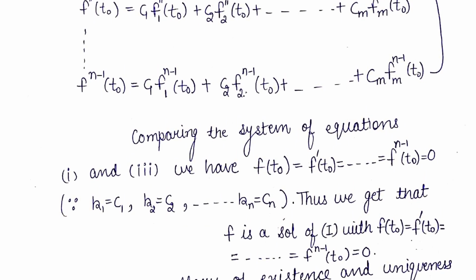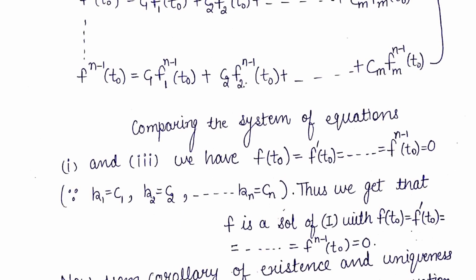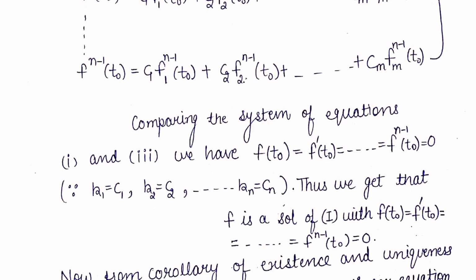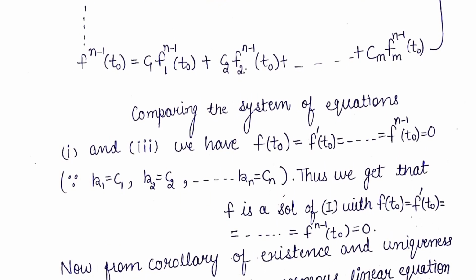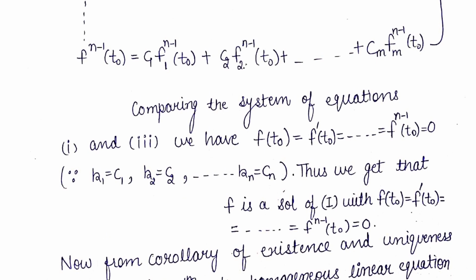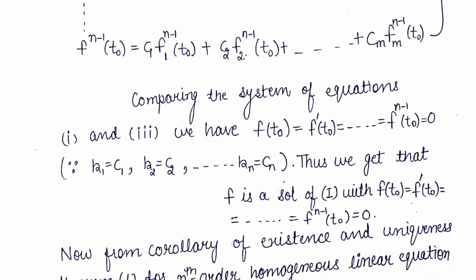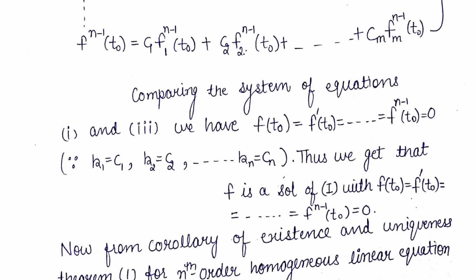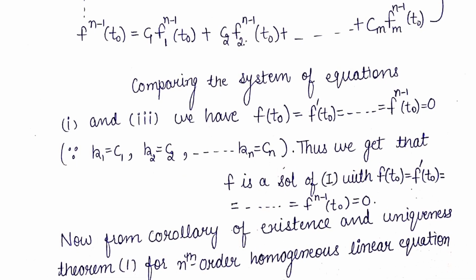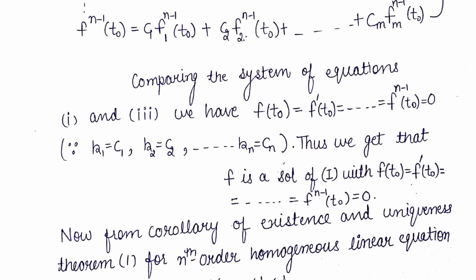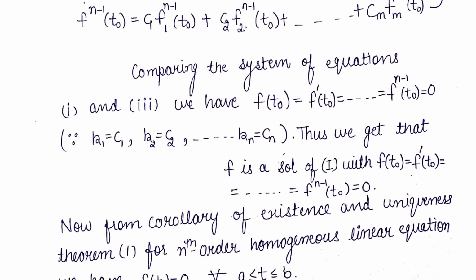So equating these systems 1 and 3, we get that f at t naught is equal to f dash at t naught, which is same as f double dash at t naught, and f n minus 1 derivative at t naught, they all are 0 because the right hand side of 1 is a homogeneous system. So these terms come out to be 0.